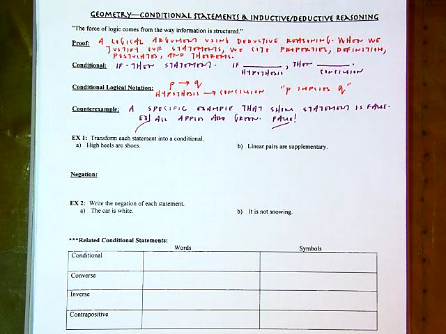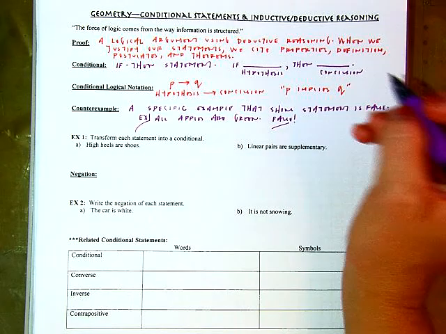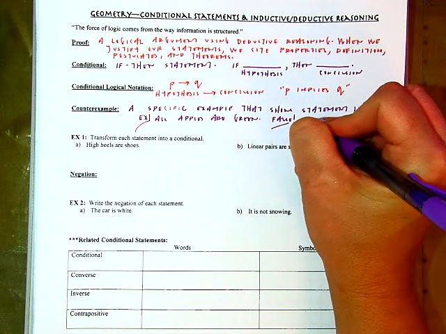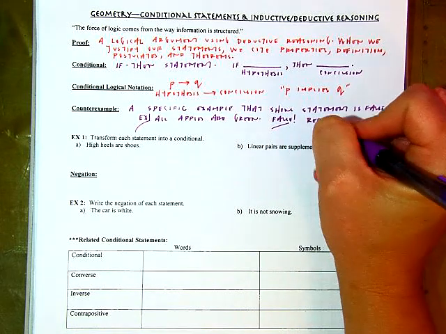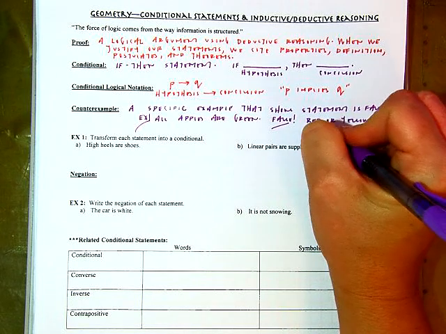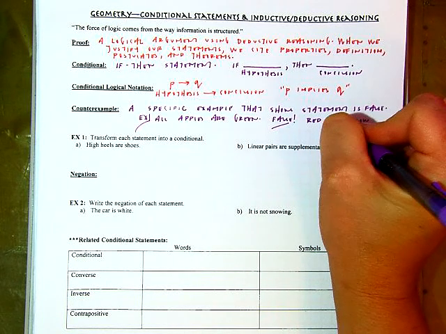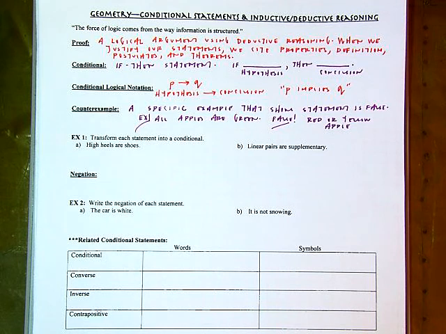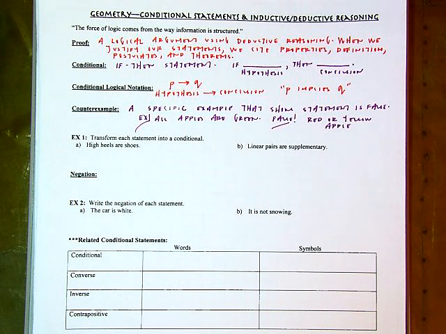So a counterexample could be something like a red or a yellow apple. All it takes is one.